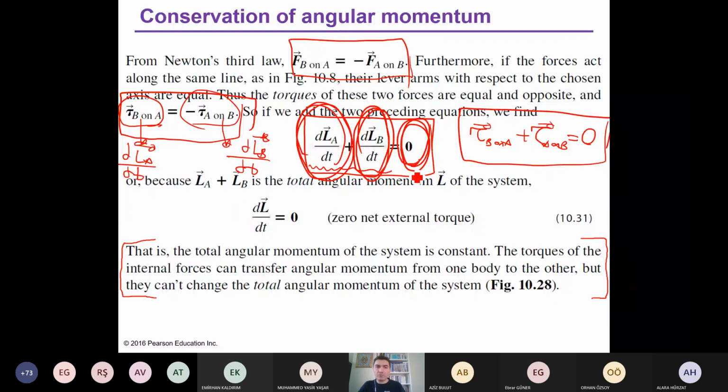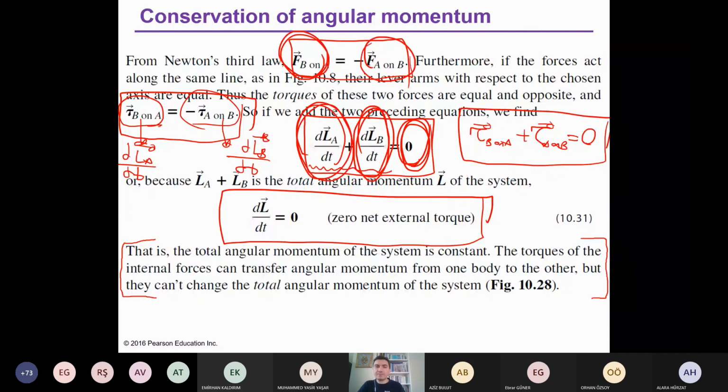Okay. Why? Because this force acting on A and this force acting on B are internal forces. Internal forces cannot affect the system because they are equal to each other. They are action-reaction pairs. So since there is no net external torque acting on the system, the total angular momentum of the system is conserved.